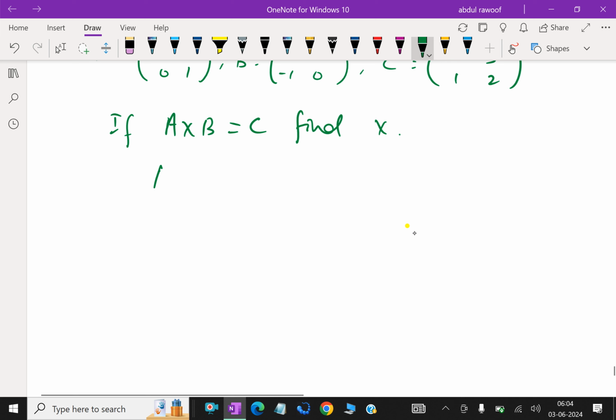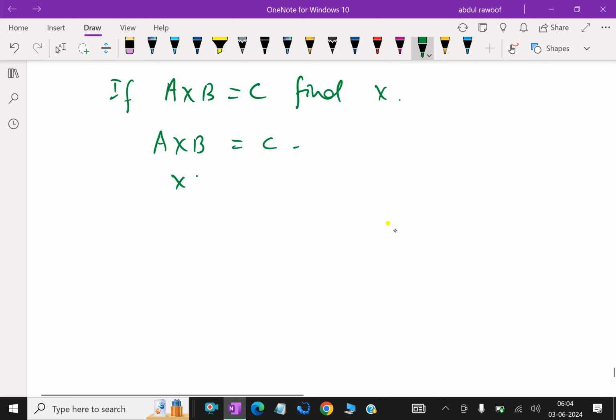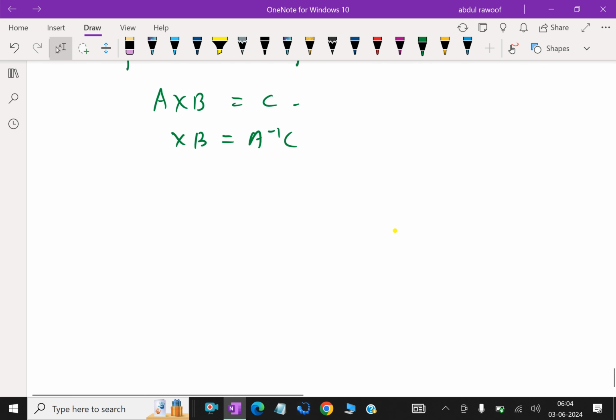First, the relation A x B equals C. Then xB equals A inverse C. Then x equals A inverse C B inverse. That is, B goes to that side as B inverse.